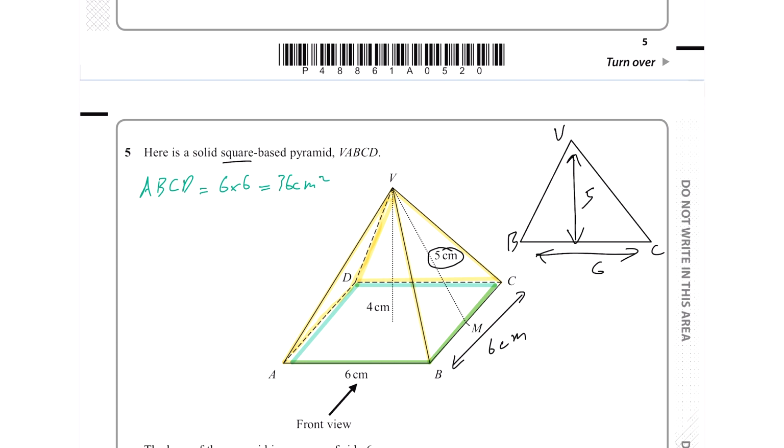So in this case, VBC is going to be 5 times 6, and we're going to divide it by 2 because it's a triangle. 5 times 6 is 30, divided by 2 is 15. Now we know there's 4 of these faces, so we can times that by 4, and that's 60 altogether. And now the total area, I'll use a different color for this, is going to be 36 for the bottom, plus all the other 4 faces, which then gives me 96 centimeters squared.